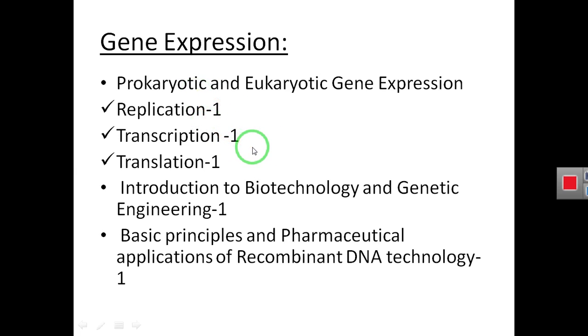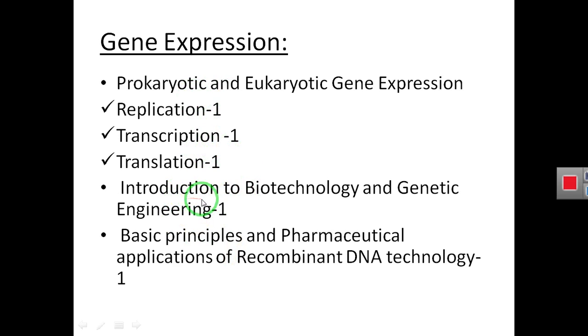Then after that we are going to study gene expression, including both prokaryotic and eukaryotic gene expression. Under this topic we would be studying replication, transcription and translation of prokaryotes and eukaryotes, and we are going to complete each process in one lecture.